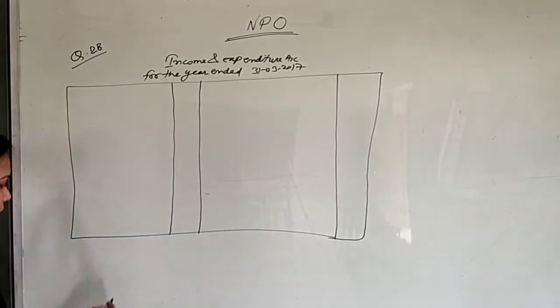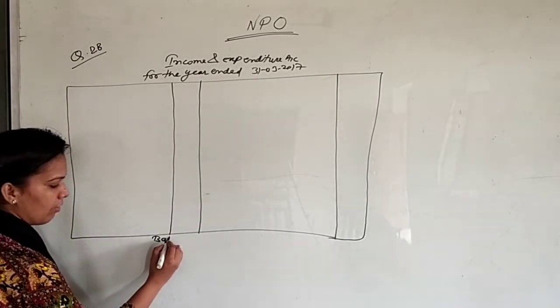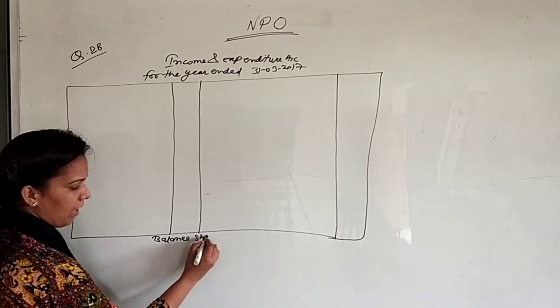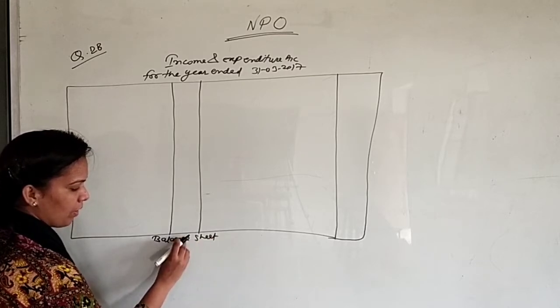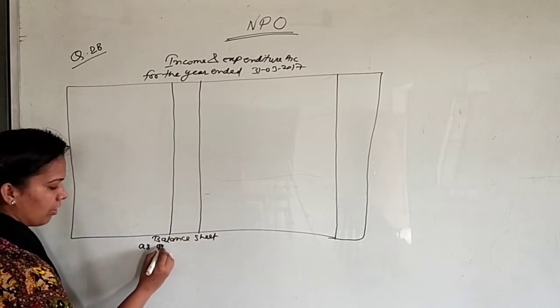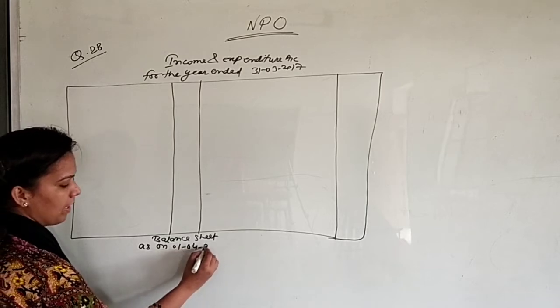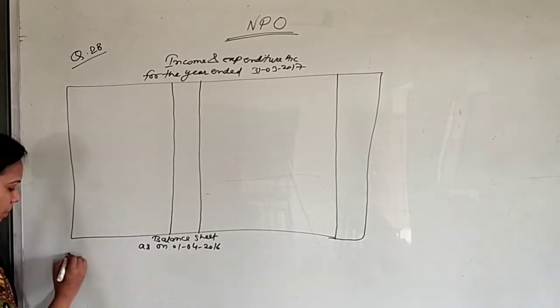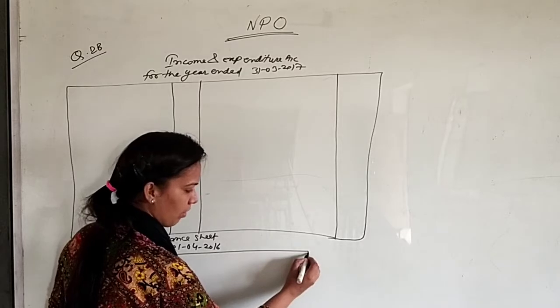This is the income and expenditure account. Second one we will prepare, that is the balance sheet. First we have to prepare the opening balance sheet just for finding opening capital. As you know, we are preparing this balance sheet in every question.